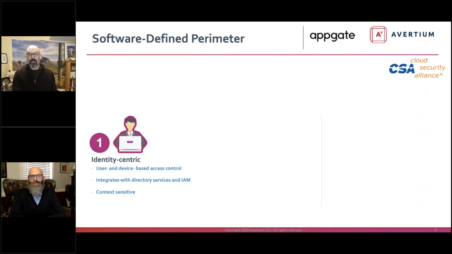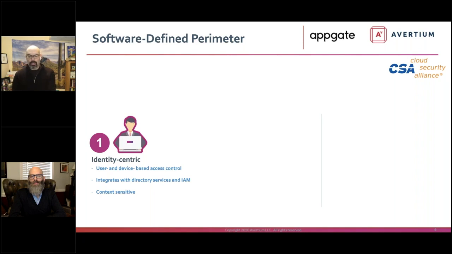That gives validation against an identity management system so that the SDP system can understand who they are and utilize identity context, such as group membership or attributes, to control what they have access to. It also gives the ability to look at device context or other contextual information, like the threat level on my internal network, and use all that information to make decisions.